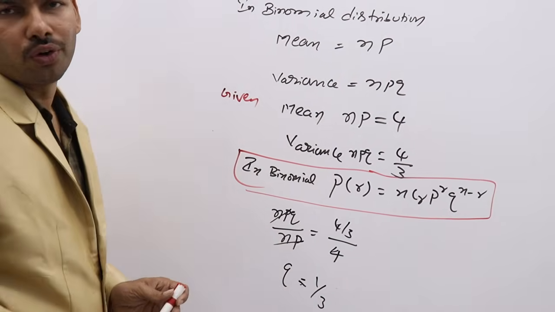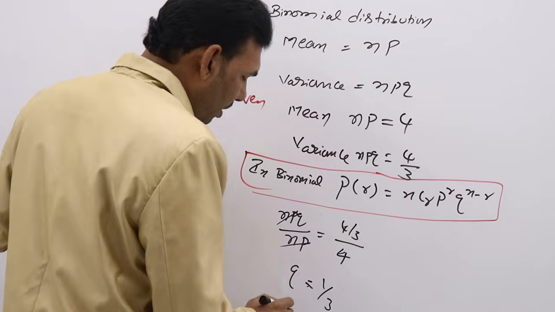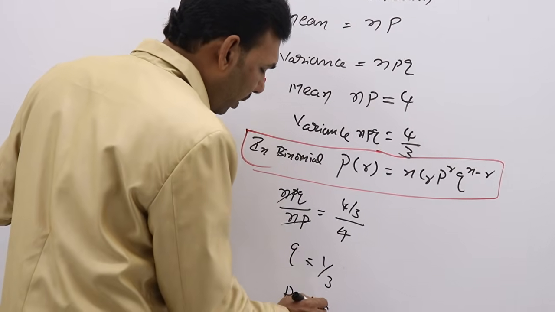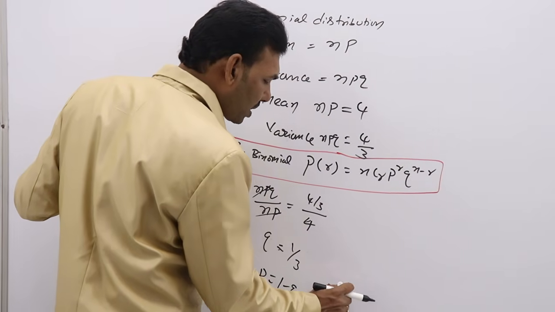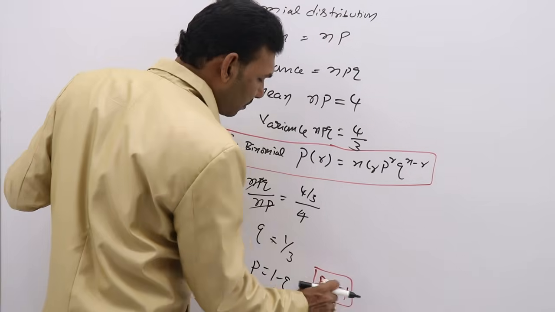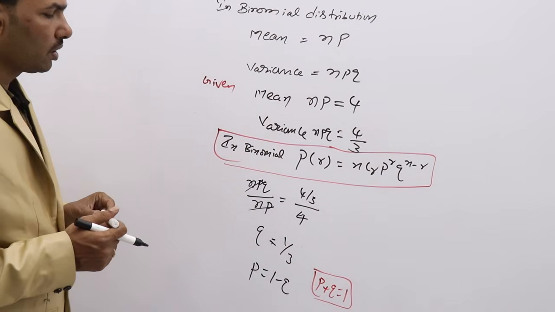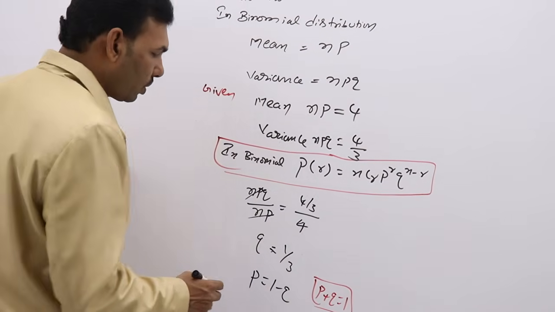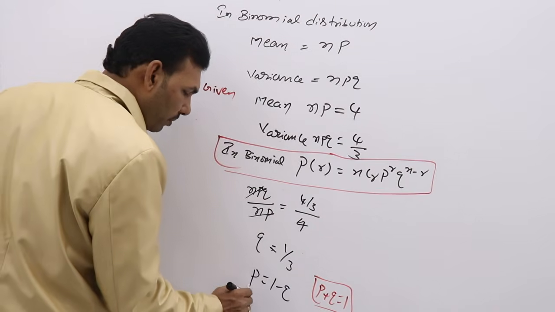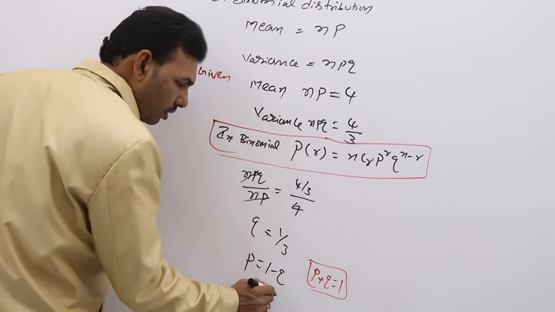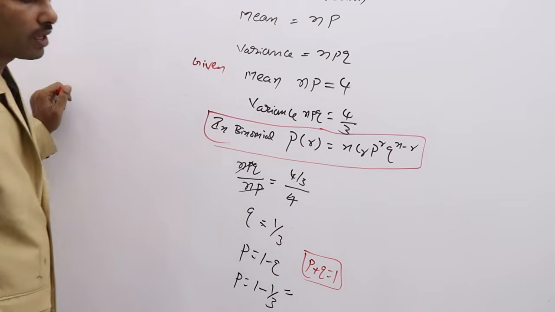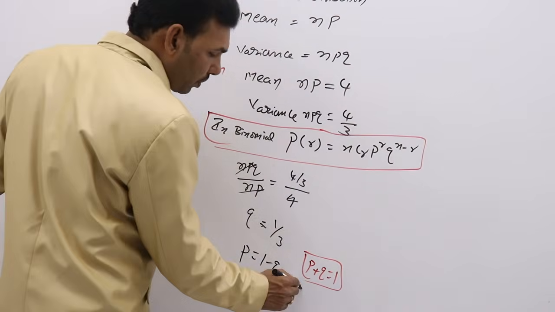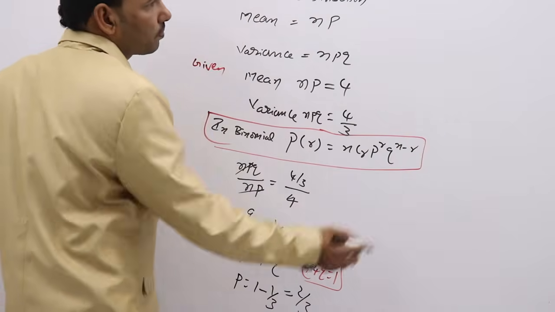If you know Q, P is 1 minus Q, because in binomial distribution, P plus Q is 1. Then P equals 1 minus 1 by 3, which is 3 minus 1, 2 by 3.